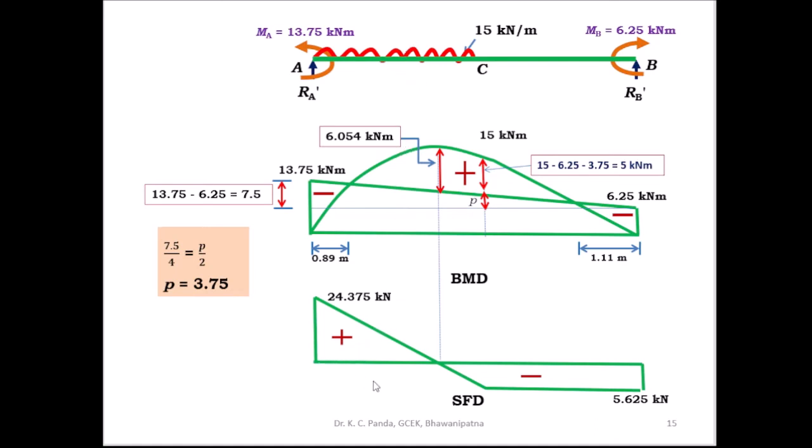Then after knowing the x value, by putting this x value in the bending moment equation, you get the maximum bending moment. Or you can find it by taking the two similar triangles, this by this is equal to this by this, then you can find out this distance. Then after knowing this distance, you can find out the maximum bending moment.